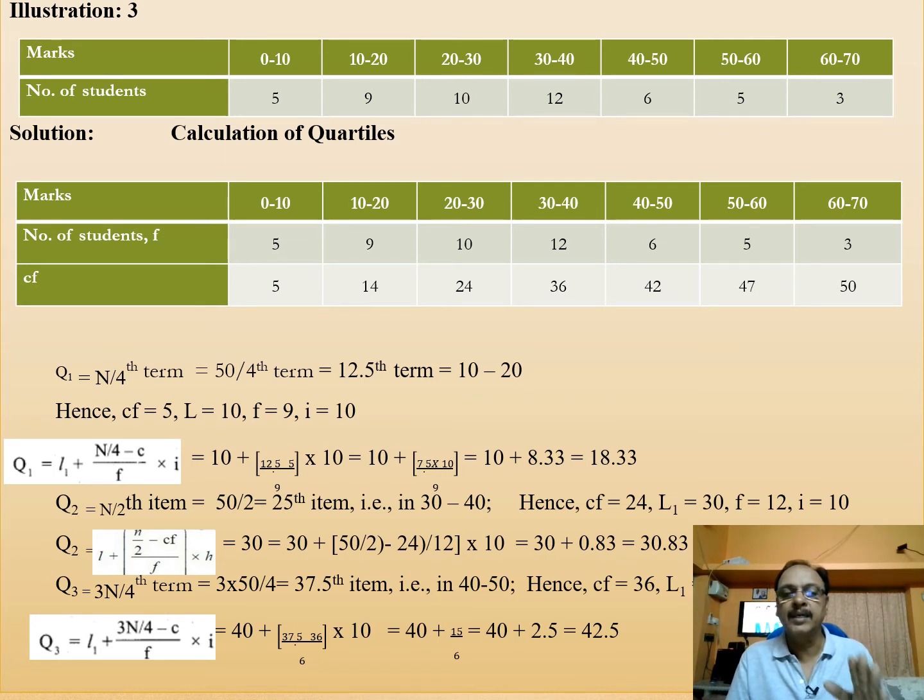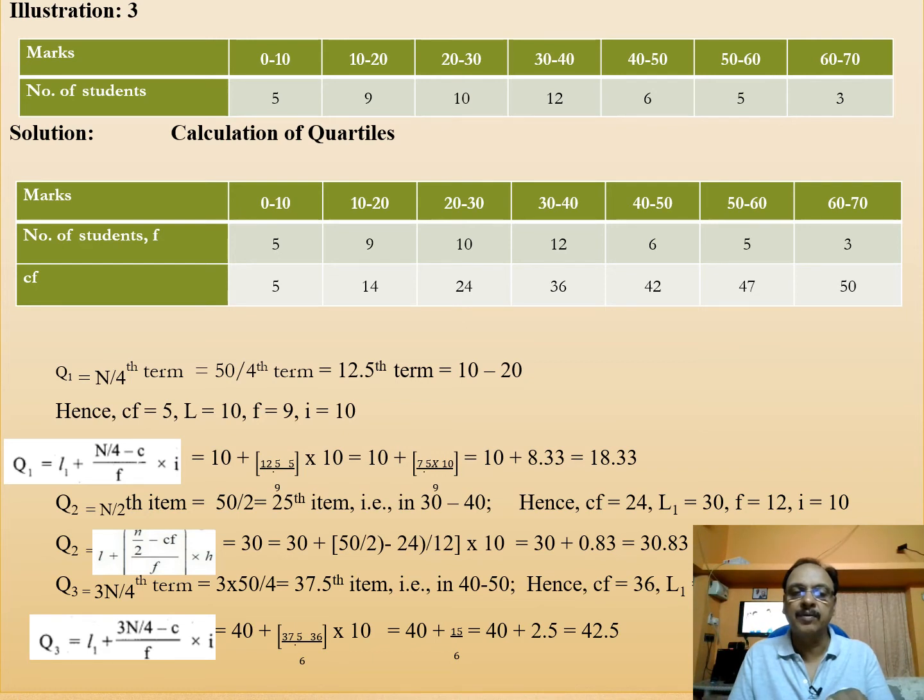Hence n is 50. Q1 is the n by 4th item, that is 50 by 4, the 12.5th item, that is in 10 to 20, not in the 0 to 10. Then accordingly you have to identify the CF just before the identified class interval, that is 5.